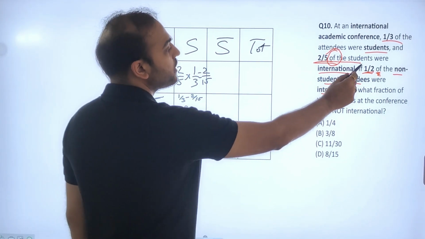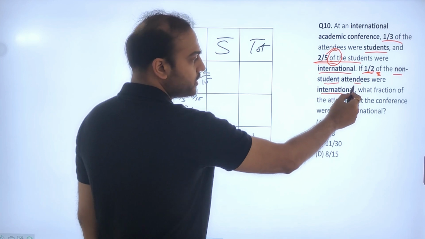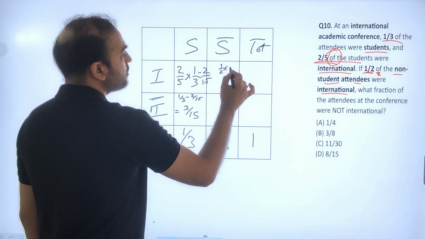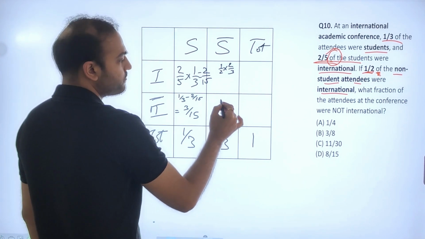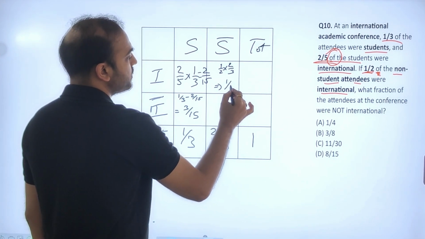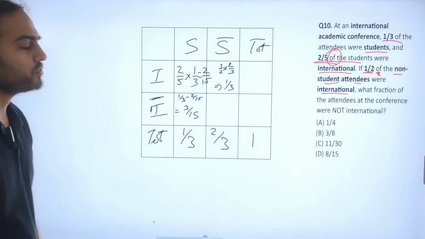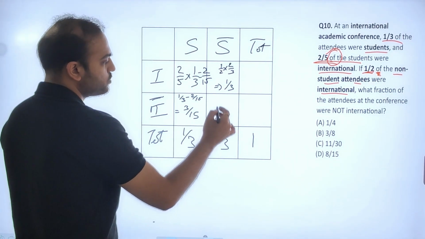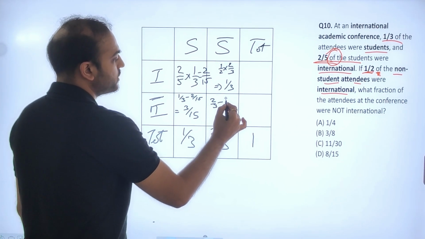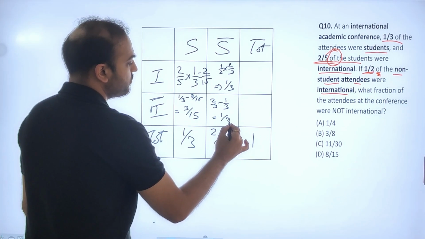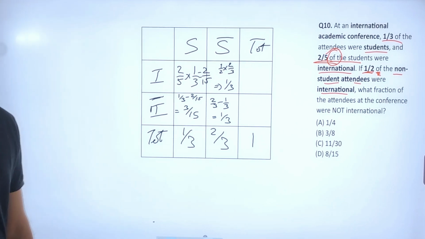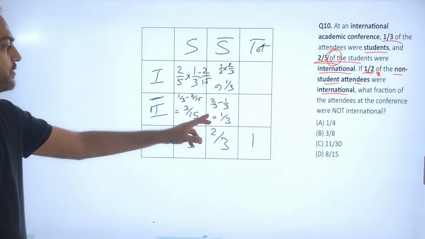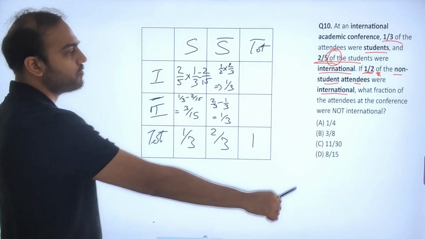Moving on to the next line, half of the non-students were international. So half of non-students, if you solve that, that is 1 by 3. Half of non-students were international, so again 2/3 minus 1/3, 1/3 are non-international. What do I need?